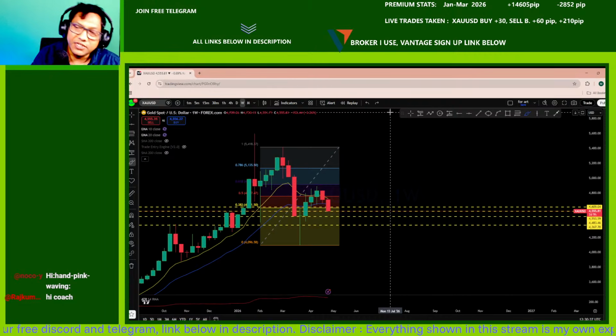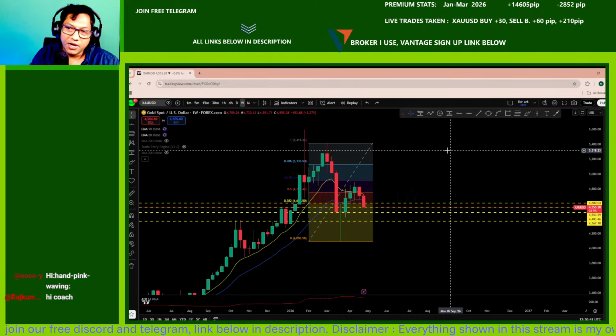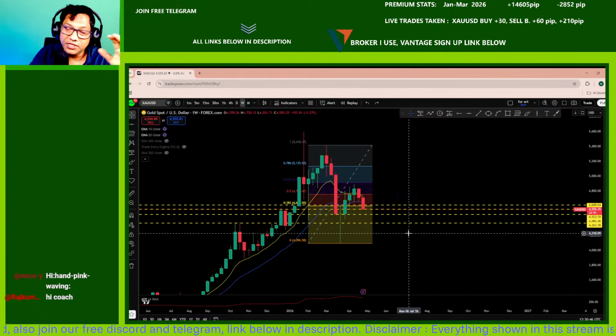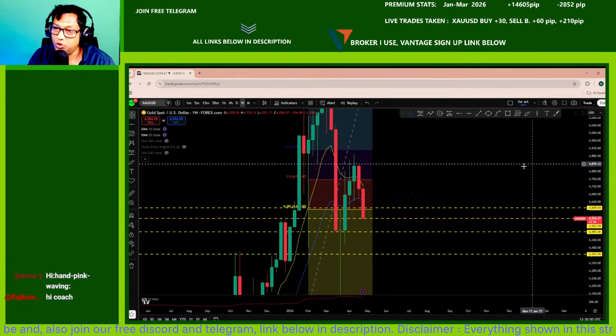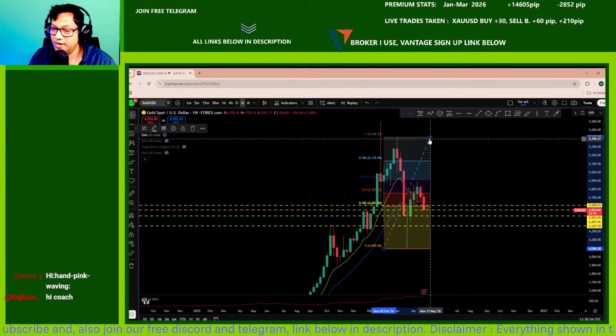From that 61.8% Fibonacci pullback, the market started to break below here, and is now potentially coming again to this long-term support area in that zone.